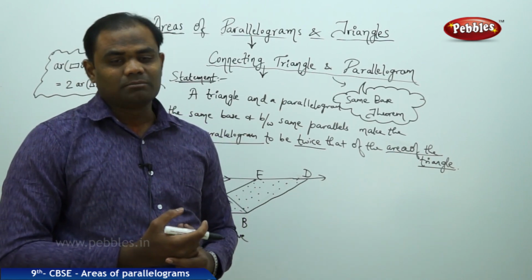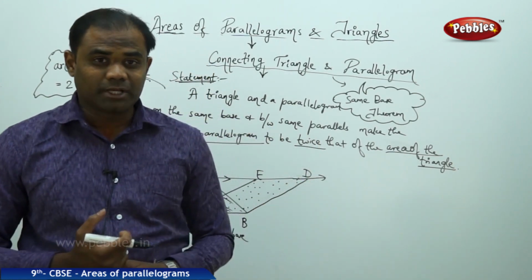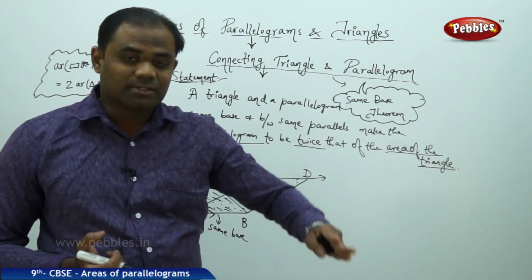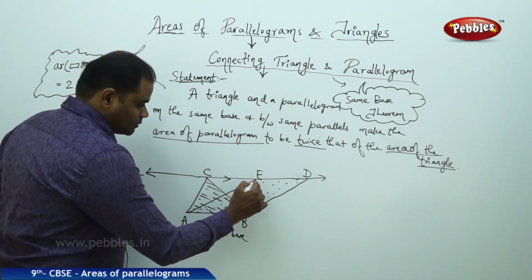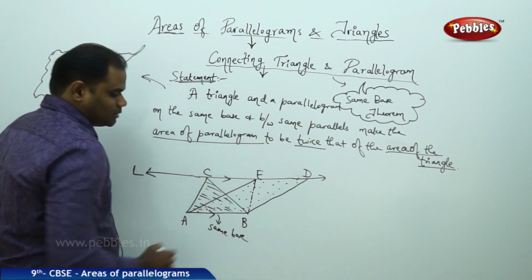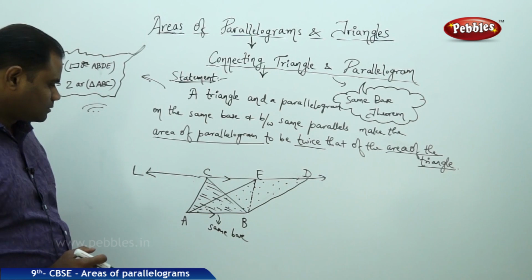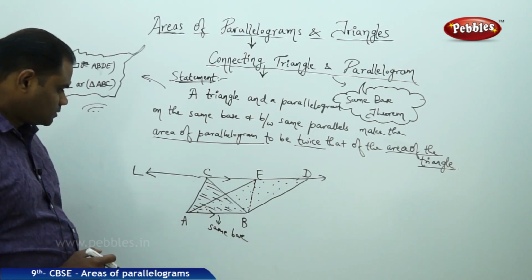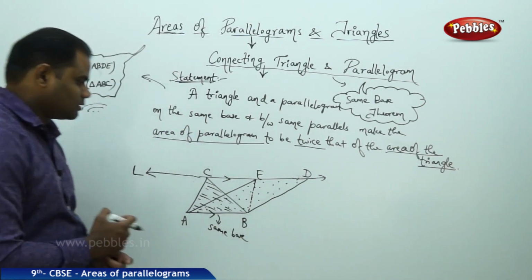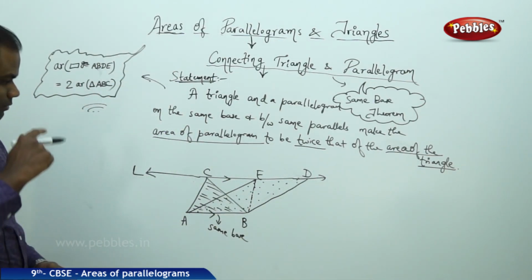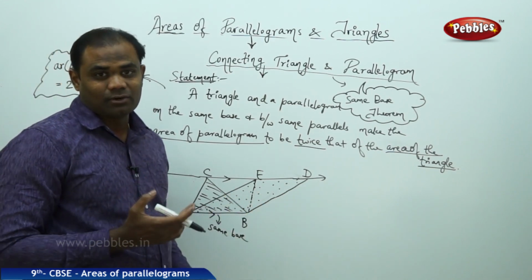It's very simple, because a parallelogram is a four-sided figure obtained when its diagonal divides the parallelogram into two triangles. Say for example, I join the diagonal BE. So here I observe that there are two triangles between the diagonal, and we know that the two triangles are congruent in case of the parallelogram.